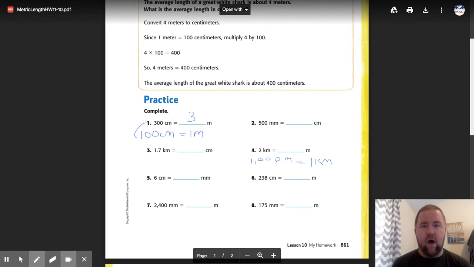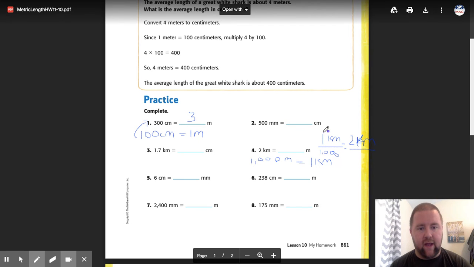Now, another way that we could do this, instead of what we did before, is we could make equivalent fractions. We say that 1 kilometer is equal to 1,000 meters. I want to know if I have 2 kilometers, that's equal to how many meters here?